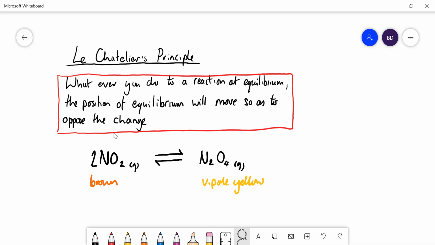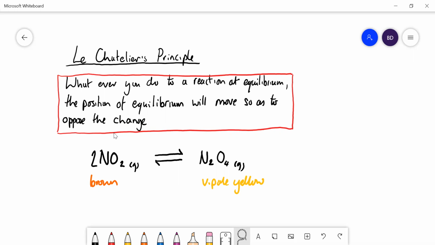Now, we can use this reaction here between brown gas, nitrogen dioxide, NO2, and it exists in equilibrium with N2O4, which is not such a dark brown color, it's a very pale yellow color. So you can tell how much of the NO2 you've got and how much of the N2O4 you've got by looking at the color.